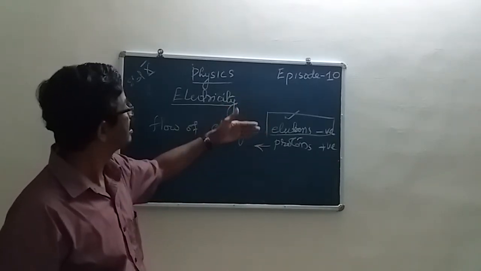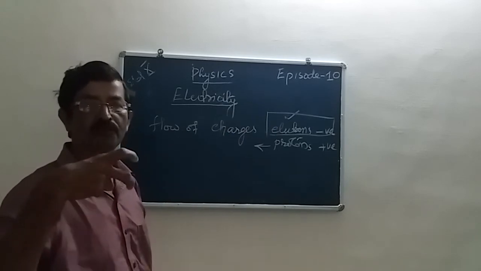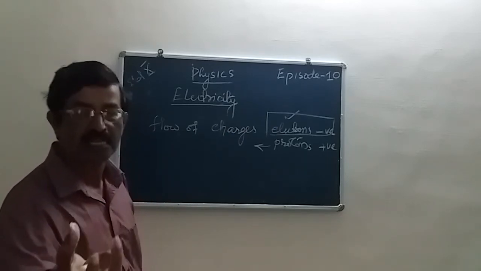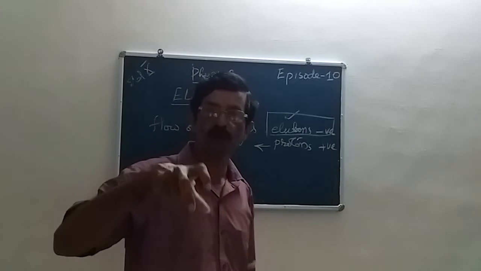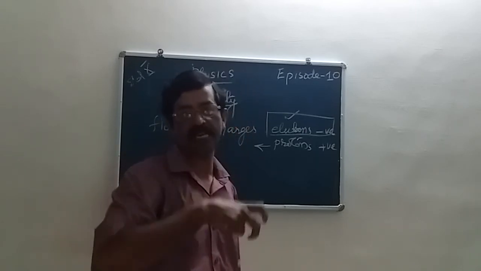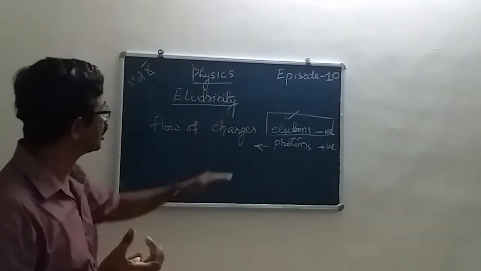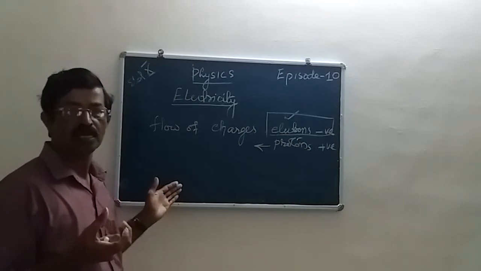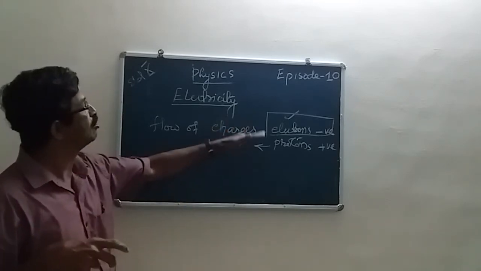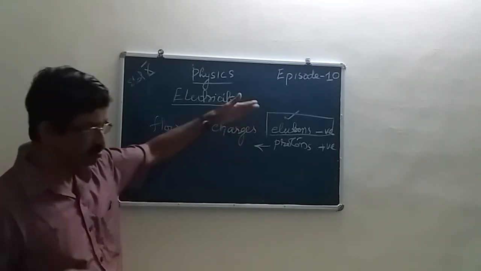Because of that, the direction of current is taken from positive to negative, just opposite to the flow of negative charge. Actually, the flow of negative charge constitutes electric current, but they did not know about that.